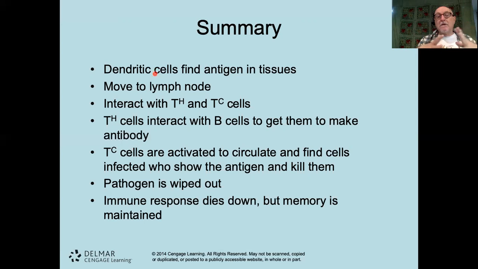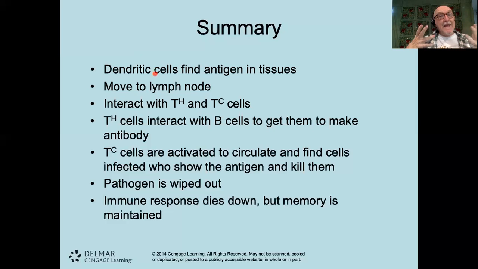After a while, this adaptive response usually is so powerful that it will actually wipe out the infection. So the infection will die down. And at that point, there is an elaborate way in which the body actually stops the immune response, which we won't talk about. It suppresses the immune response so that it doesn't perpetuate.